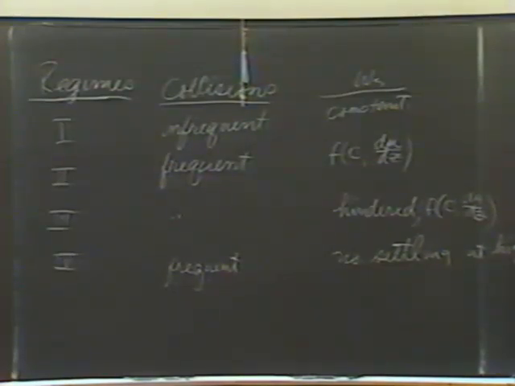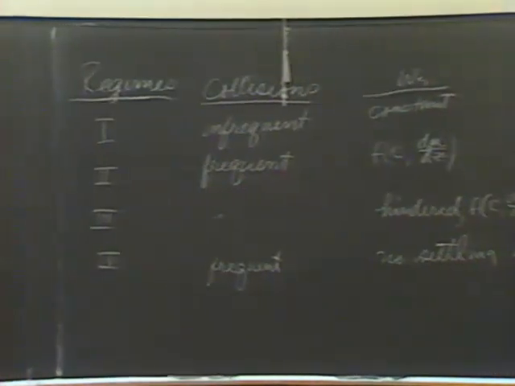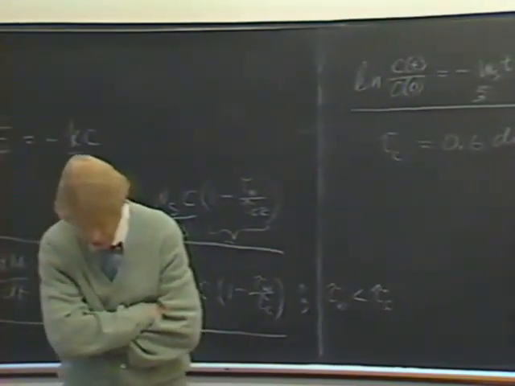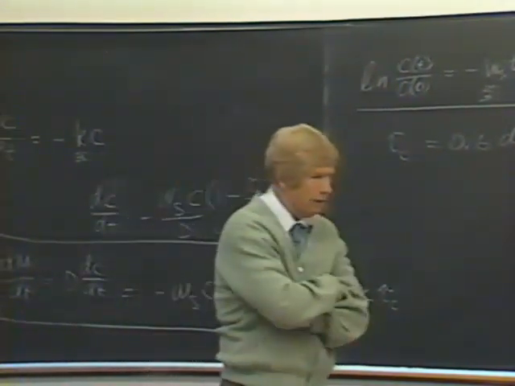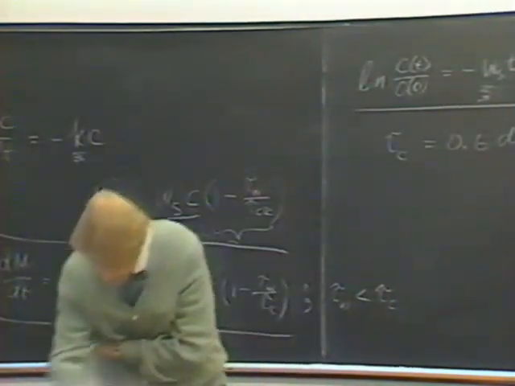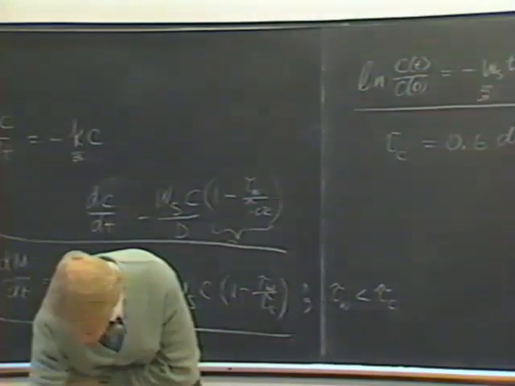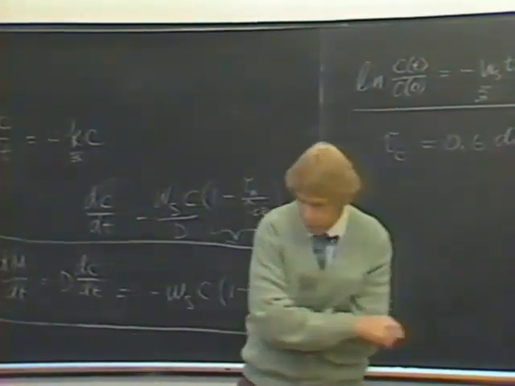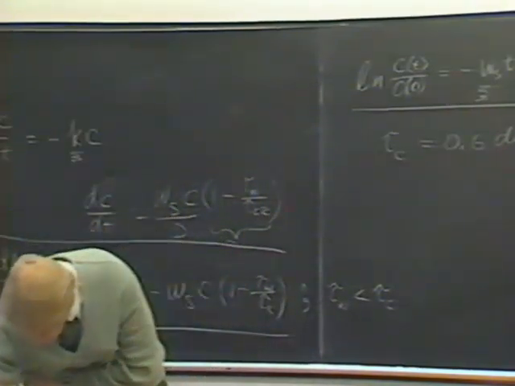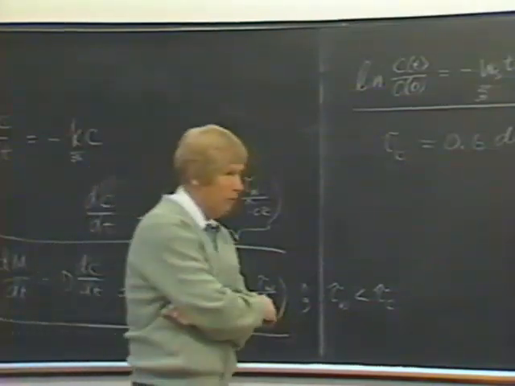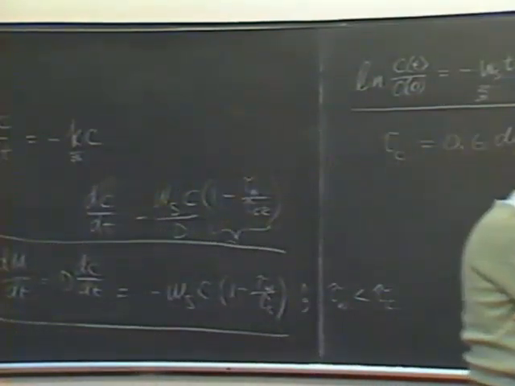Well, we can improve our situation somewhat by considering that first relation that I put on the board. I'll just write it this way. dM/dt is minus W sub S C times 1 minus tau W over tau critical.